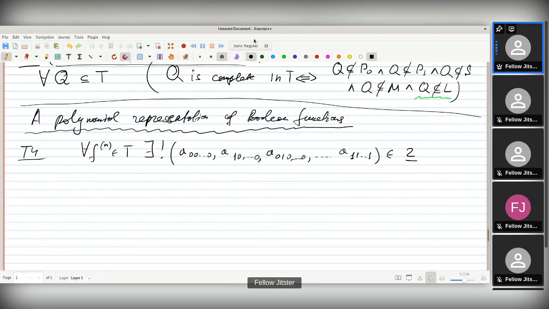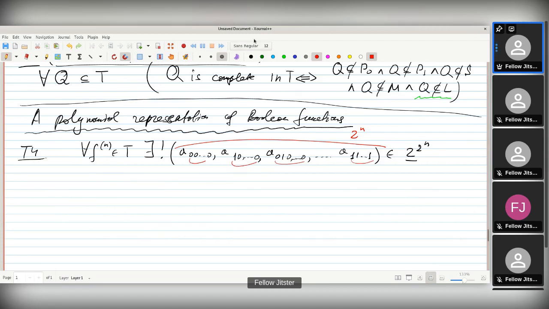So we have tuples, but here each tuple is of length 2 to the power n. Why is it so? For every tuple of zeros and ones, for every binary word, we have a coefficient.